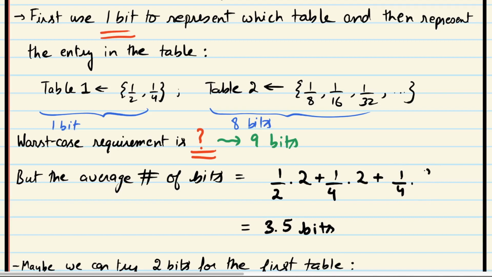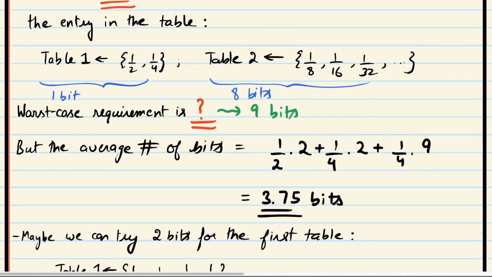This should be 9 because I used 9 bits here, and so this turns out to be 3.75 bits. So I pay extra here. Instead of 8, I have 9 bits for these symbols. But I save on the other bits significantly, and overall the average comes down from 8 in the single table case to 3.75 bits. So that's the idea.